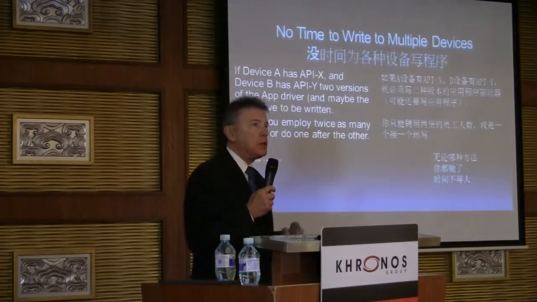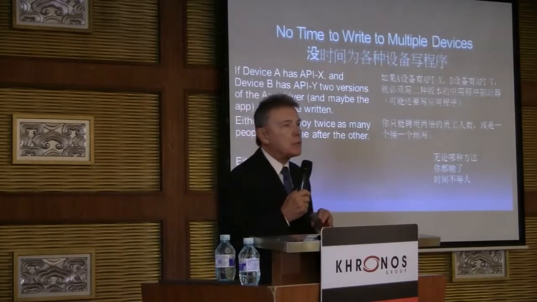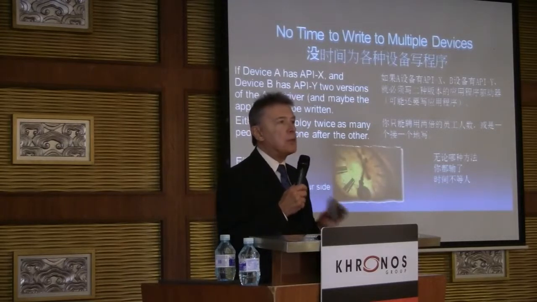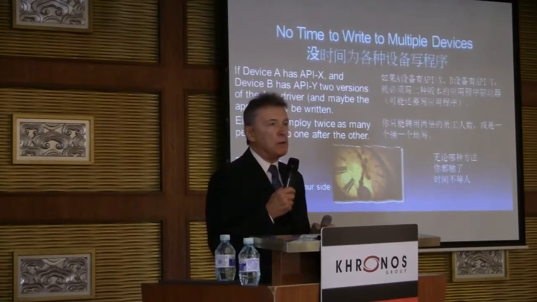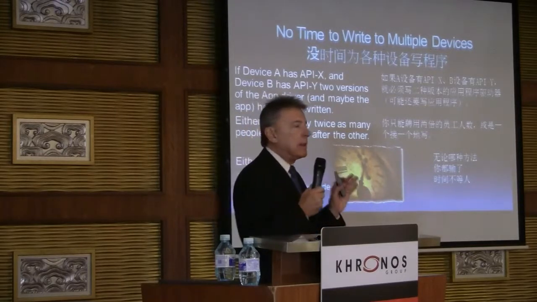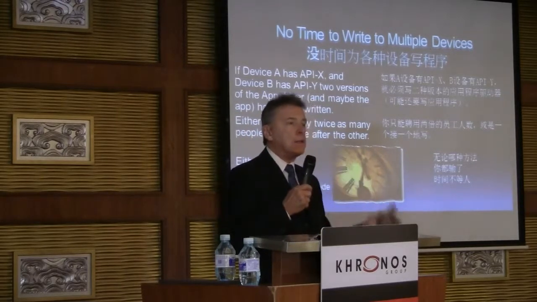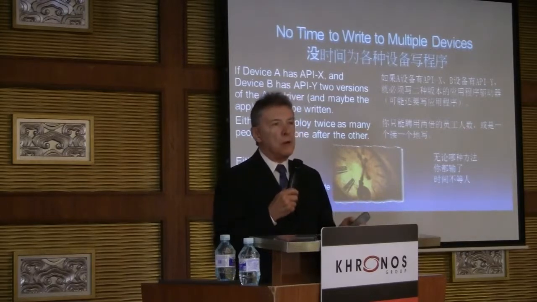Now the issue here, and this was very predominant and obvious about 10 or 11 years ago as the mobile phone market was starting to take off, was there were different processors and different OSs.